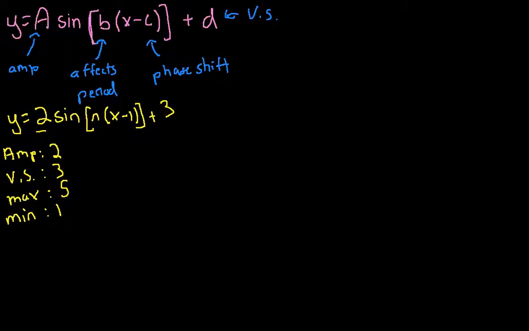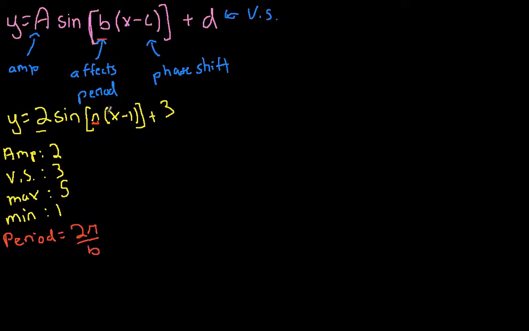And then this is where things start to get a little bit different. So I'm going to put them in a different color to emphasize that. The period is no longer just 2 pi. The period is equal to 2 pi divided by the b value. In this case, our b value is equal to pi.